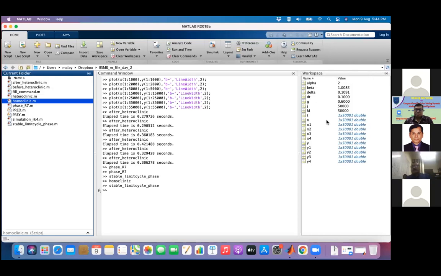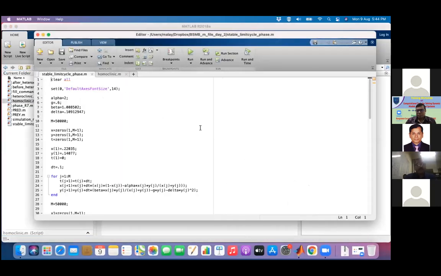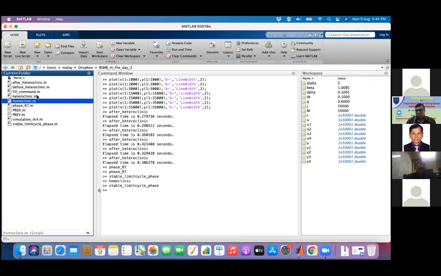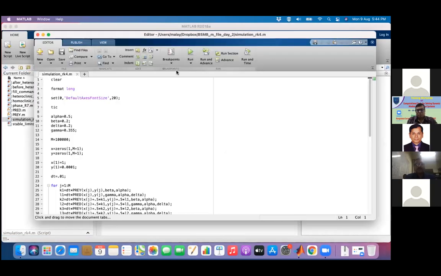I am not talking about the trial and error method, because the trial and error method I have used, or emphasized, is only because the model is a ratio dependent model. In the case of this heteroclinic orbit, you can clearly understand what kind of simulation is required.